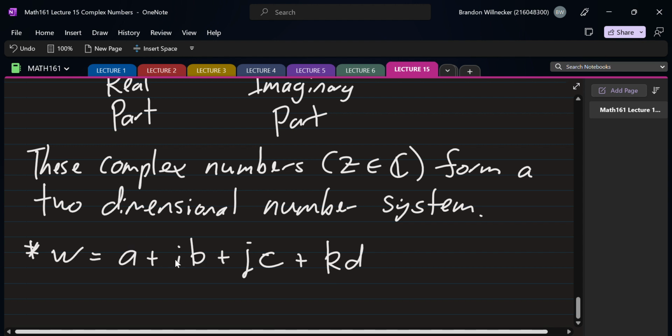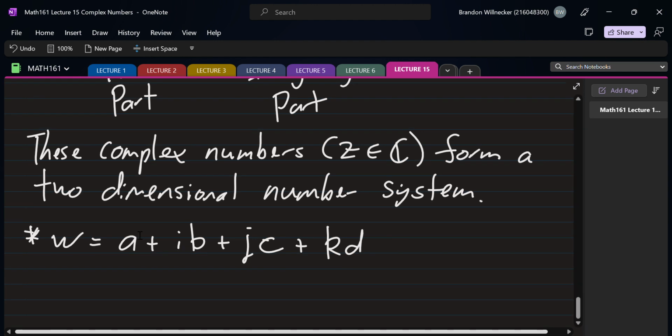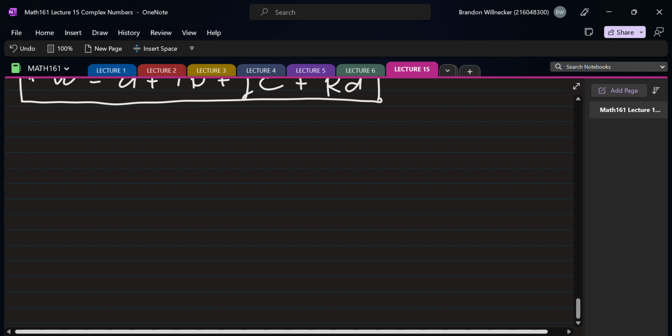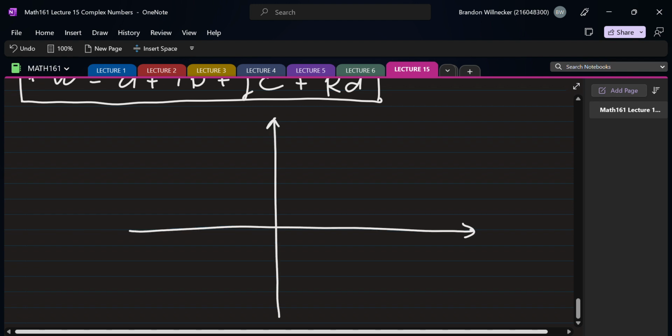The a plus ib was the complex part; we can also add jc and kd, and we end up with the quaternion. This will be a four-dimensional number system because we've got a, b, c, and d. But this is just a side note. We won't go into that any further. So the complex number system is two-dimensional because any complex number can be written in terms of its two parts.